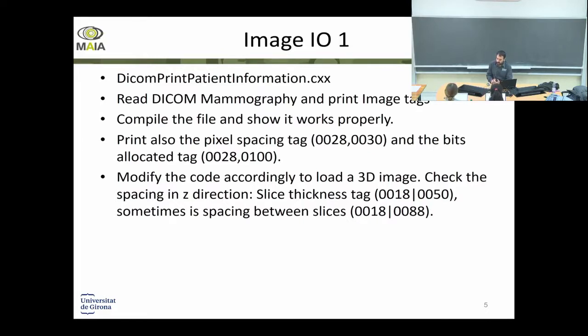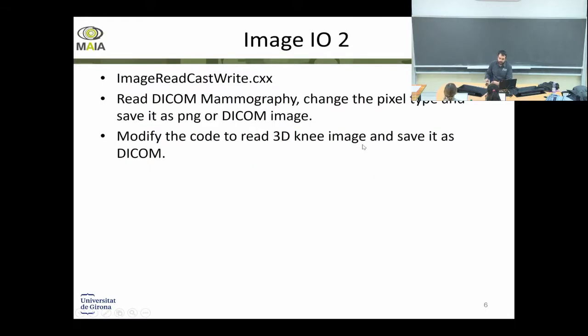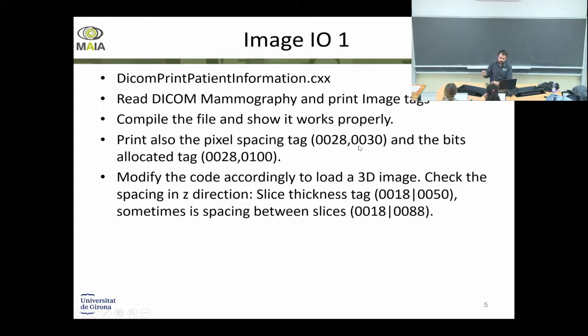The idea is to want to read the DICOM mammography and print image tags. You know what DICOM? I guess you do. Yeah? You know that DICOM has different tags? Yes? Something like, for instance, here, the 0028,0030 will refer to specific information in the DICOM header, okay?